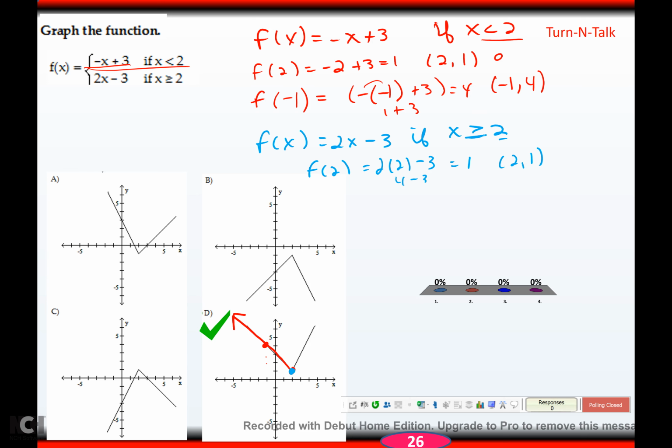And then pick something bigger than 2. Let's pick 4. So I'd have 2 times 4 minus 3 would be 8 minus 3, which would be 5, which gives me 4 comma 5. 1, 2, 3, 4. 1, 2, 3, 4, 5. And if I draw that line, I get that part of the function. We made a V.